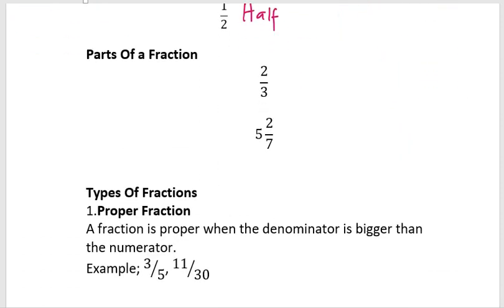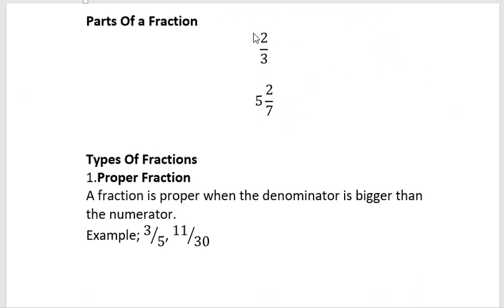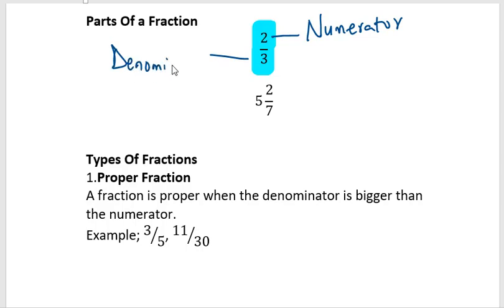Okay, let's talk about the parts of a fraction. For parts of a fraction, we have the number above the fraction bar and the number below the fraction bar. The number above the fraction bar is called the numerator, and the number below the fraction bar is called the denominator. For this other one, we'll have 5 written alongside it.